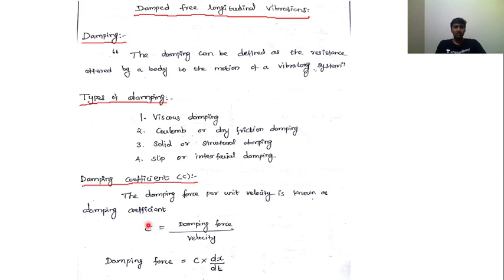The mathematical relation: the damping force is equal to C into unit velocity. If the displacement is x, the velocity is dx divided by dt. The damping force is equal to C into dx divided by dt.